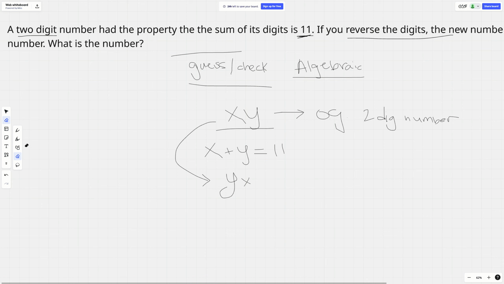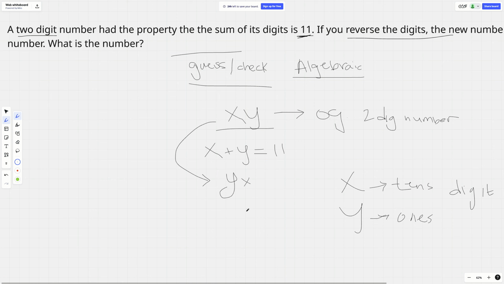And now, this is where we use the property of two-digit numbers and the property of actual integers to solve for this second equation. When we have a two-digit number with digits x and y, that means that x is going to be our tens digit, and y is going to be our ones digit.